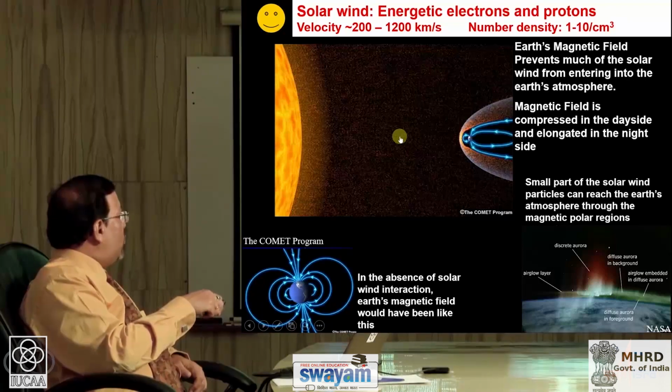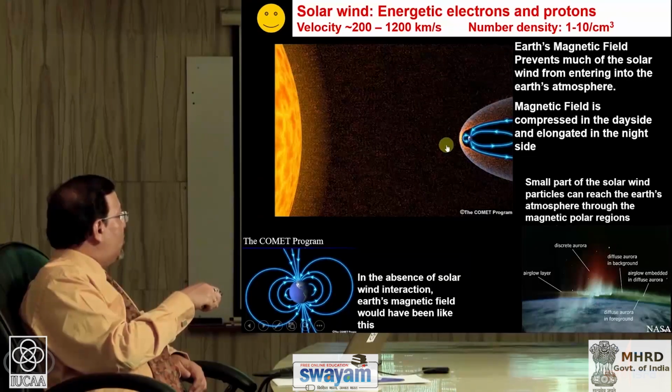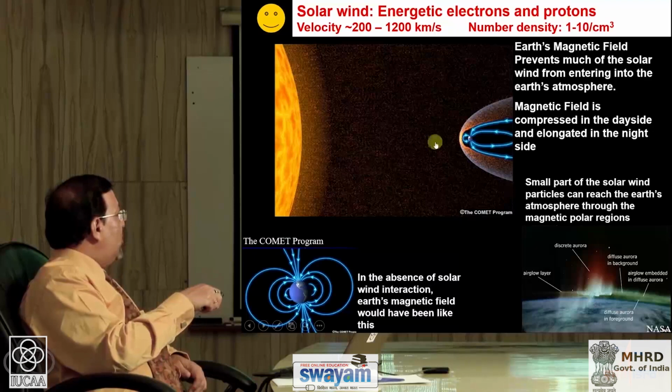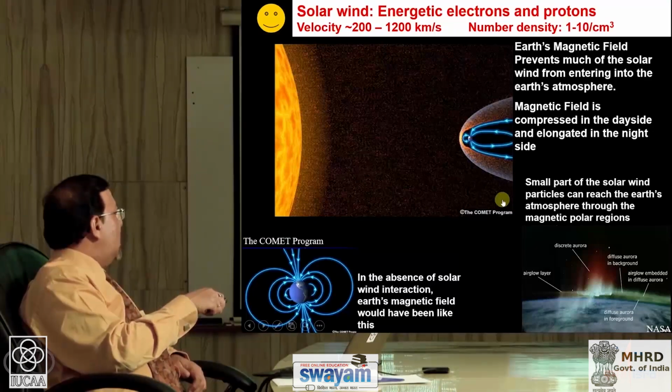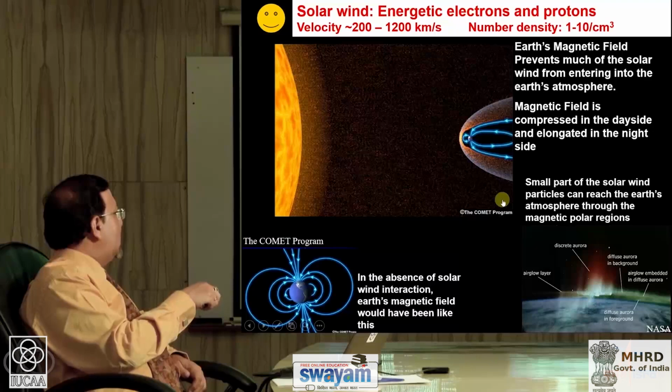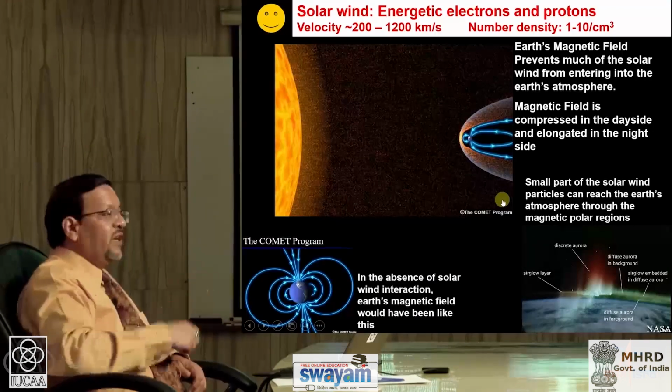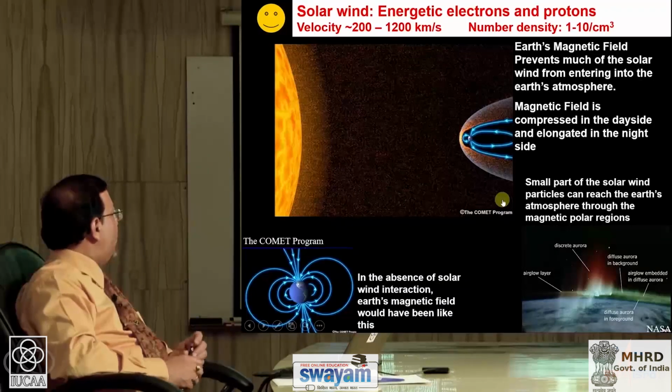So, you have a cocoon shape which actually shields the planet Earth from harmful radiation, or essentially the charged particle radiation coming from the sun, and this helps us to deflect these high energy charged particles across the boundaries and does not allow them to enter into the Earth's atmosphere.